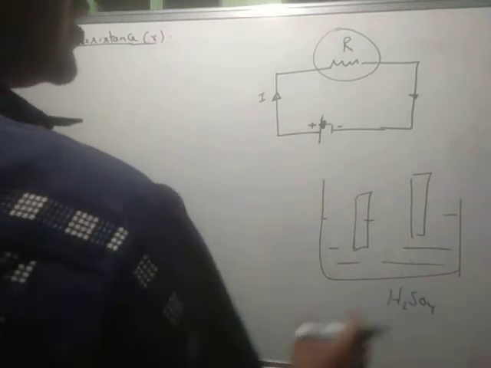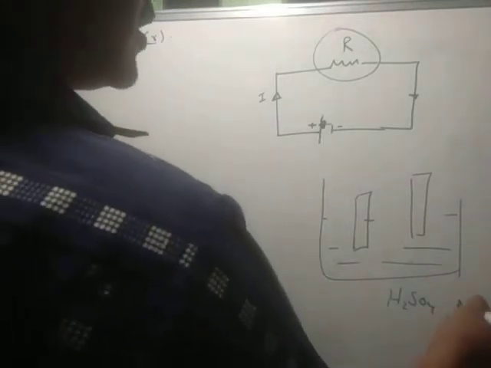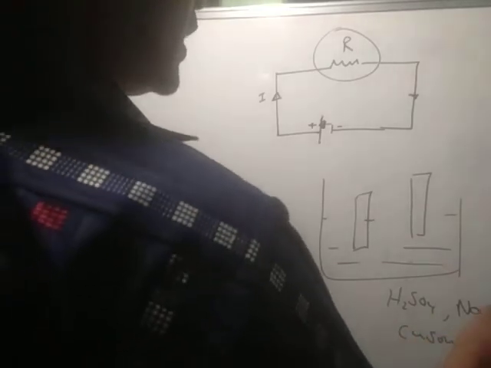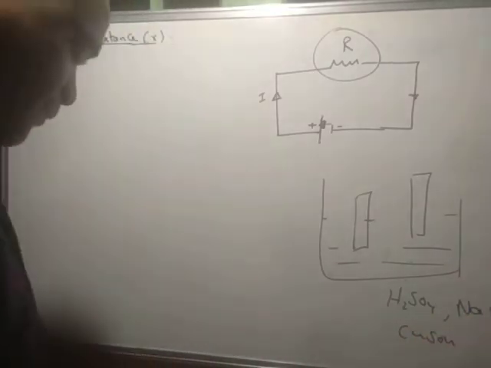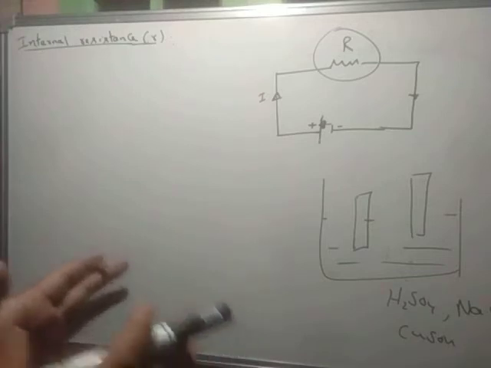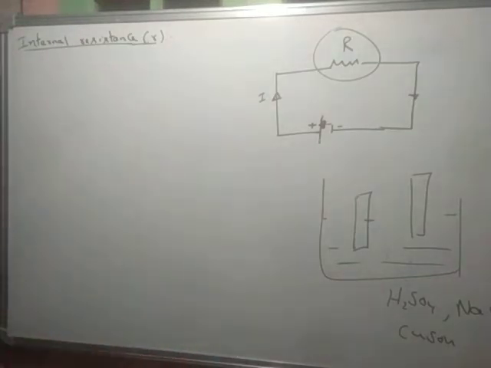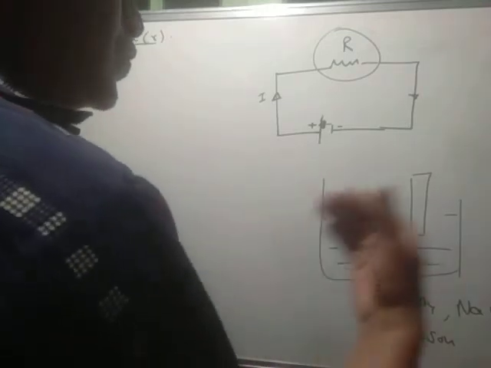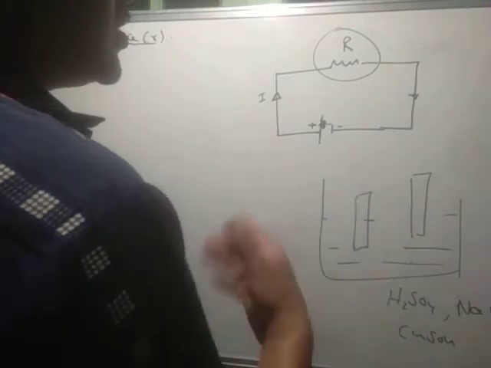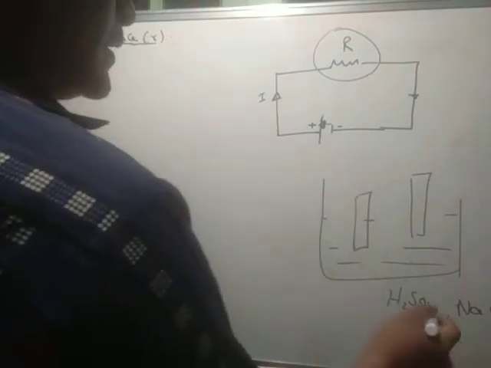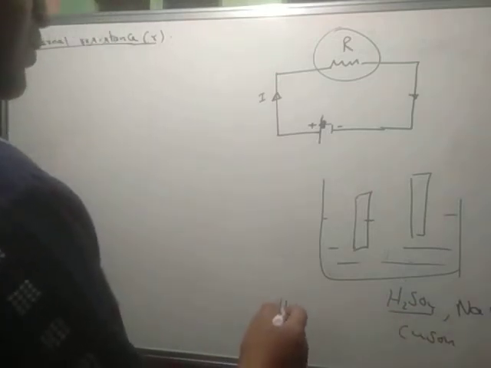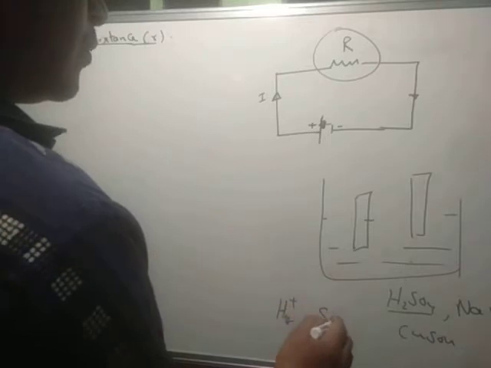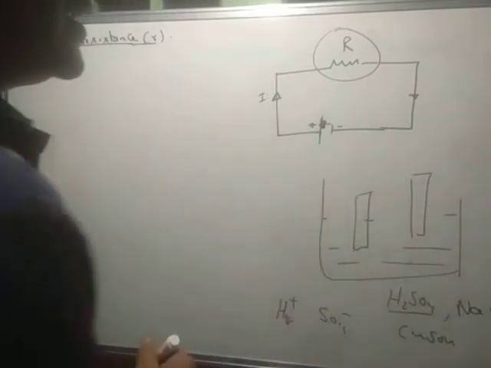So this H2SO4, or sodium chloride, or copper sulfate, these are electrolytic solutions. What happens here is that these electrolytic solutions dissociate into two ions when the current is passing through them. Like H2SO4 will split into H plus and SO4 minus inside the cell.